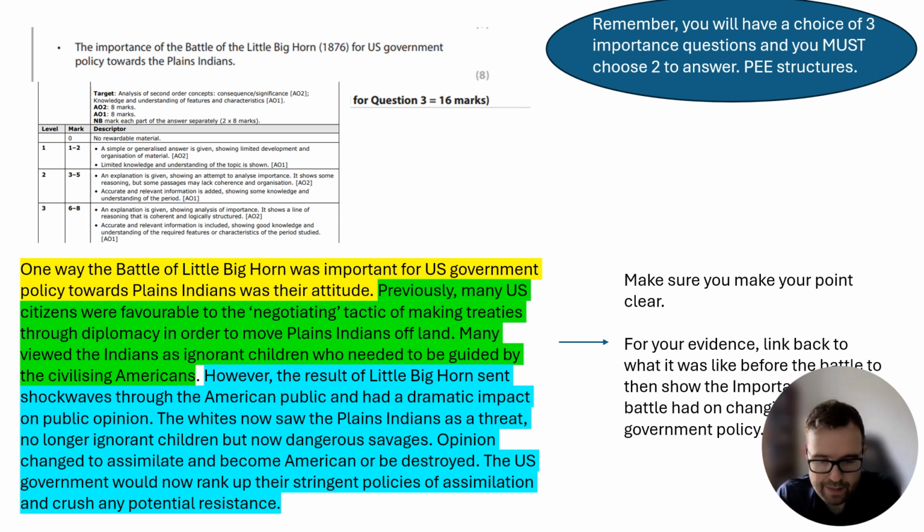So you see how that is showing the change from what was in the green paragraph. Opinion changed to assimilate and become American or be destroyed. So assimilate or die. The US government now ramped up the stringent policies of assimilation and crush any potential resistance. Okay, good. Clearly showing a change in opinion there.